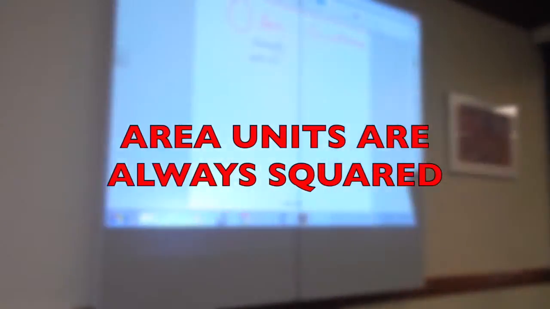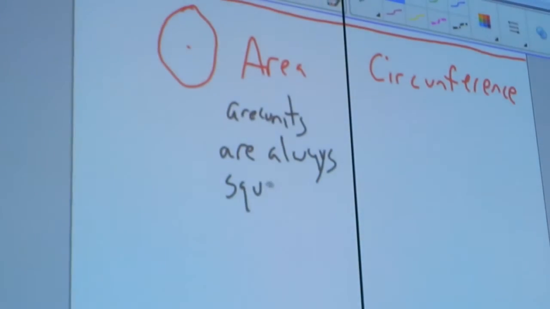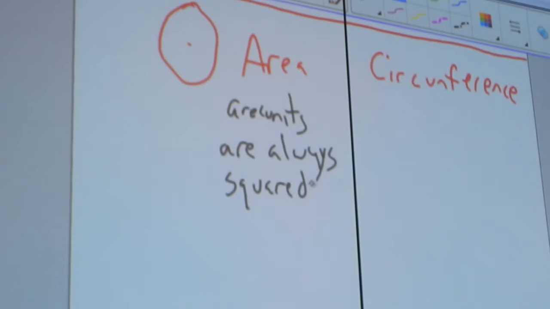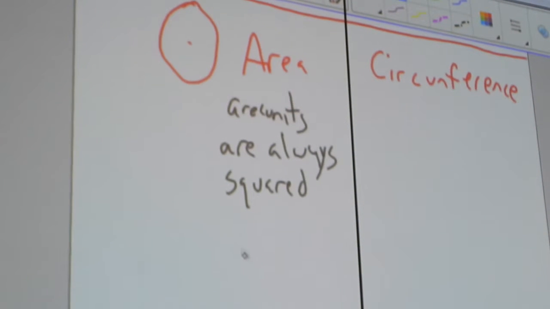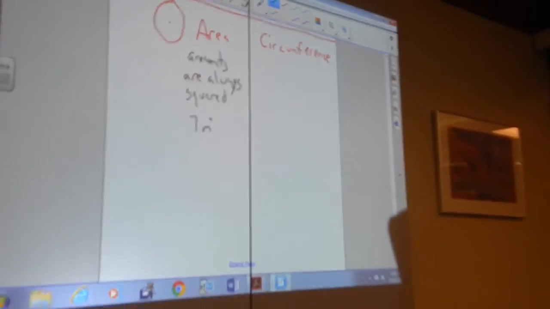That's one of the notes. Area units are always squared. Like you might have 7 meters squared. That has to be an area.